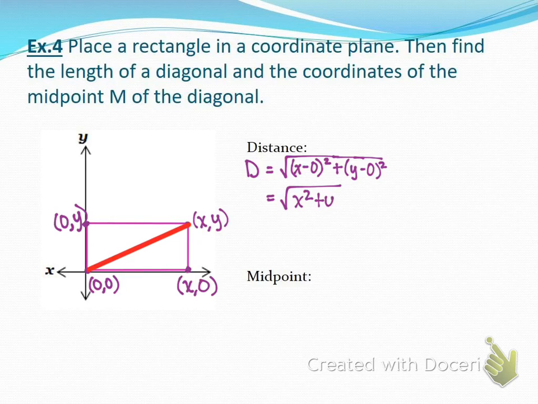Good. Can I change this to just an x plus y? No, because we have that plus sign separating them. So there is no way to simplify that radical. It would have to be x squared plus y squared all underneath the radical. Anybody get that? I know a couple people did.